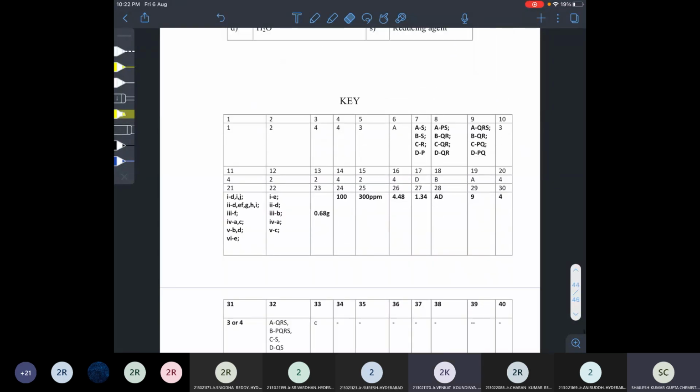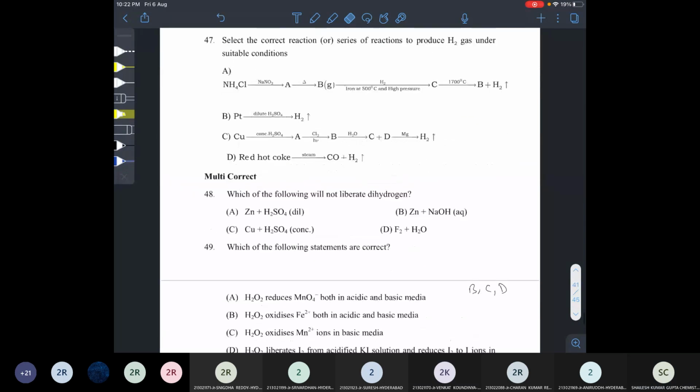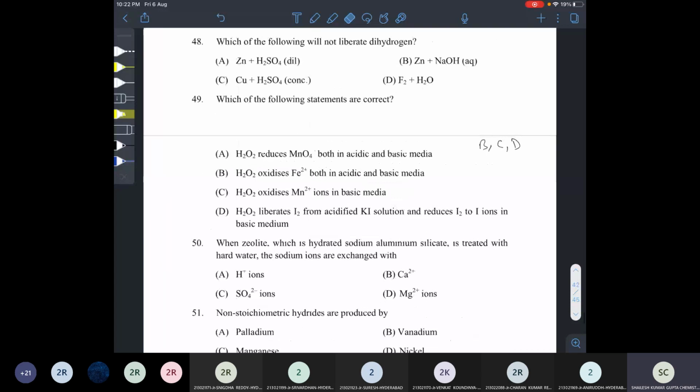So BCD. B is okay, I don't have any problem. Oh, H2O2 oxidizes Fe2+ in acidic medium into Fe3+, whereas in basic medium, H2O2 actually reduces from +3 to +2. So again, I am not agreeing with B.